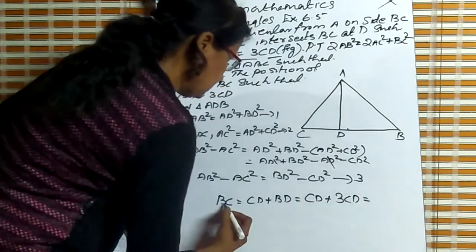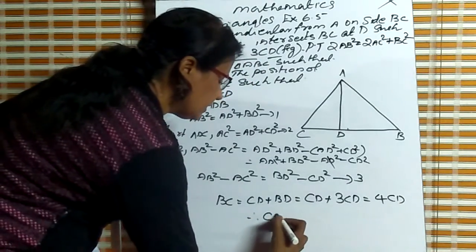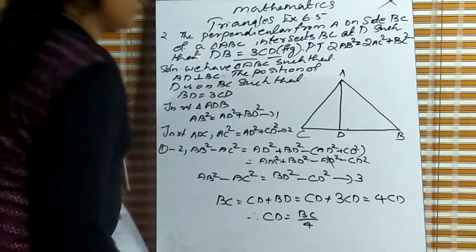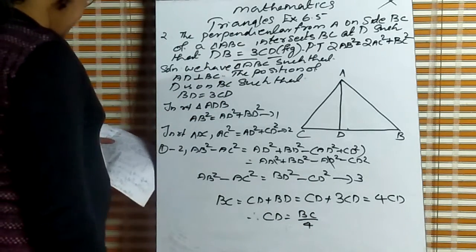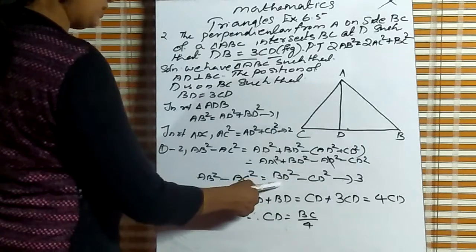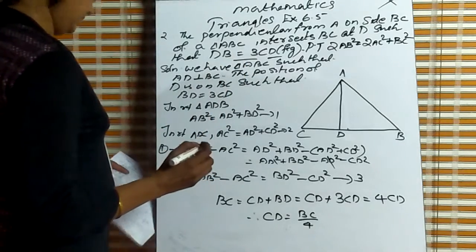So BC is equal to 4CD. Therefore CD is equal to BC by 4. And what is BD? BD is given 3CD.